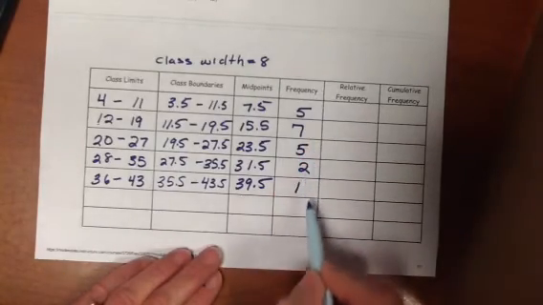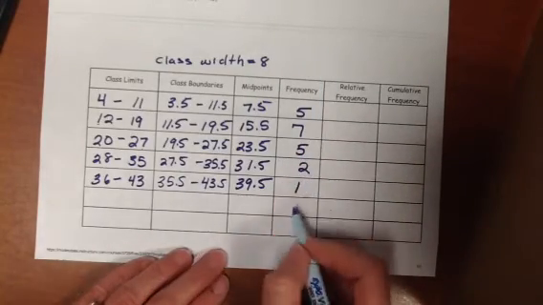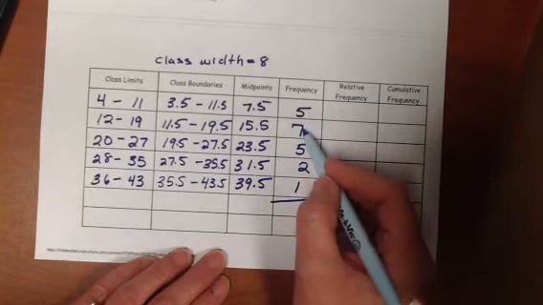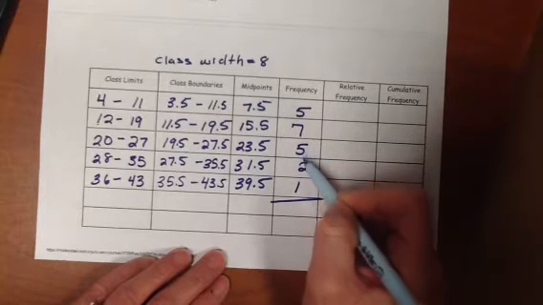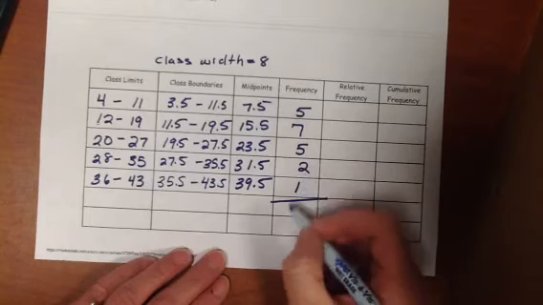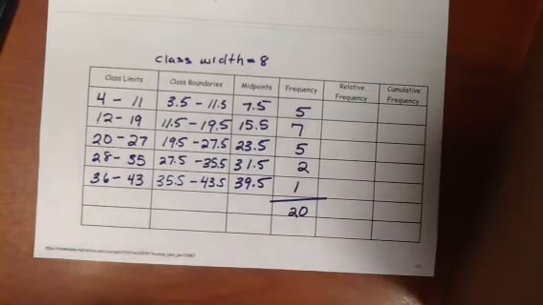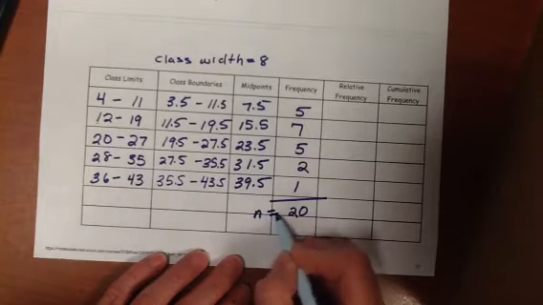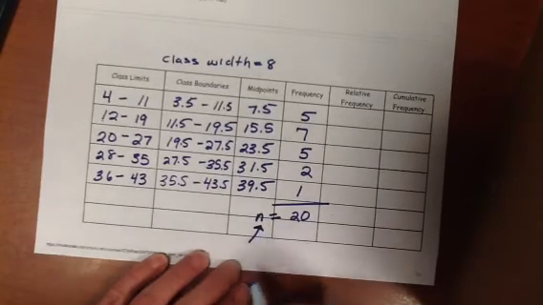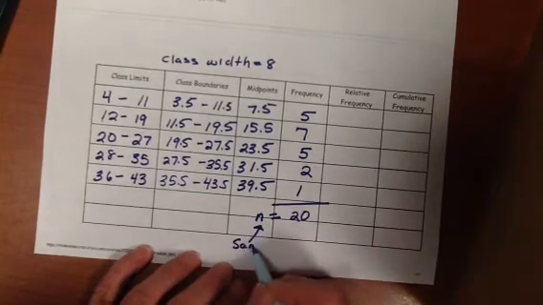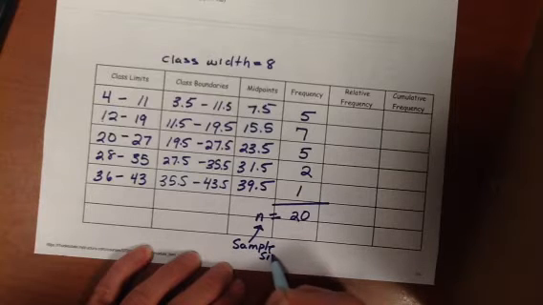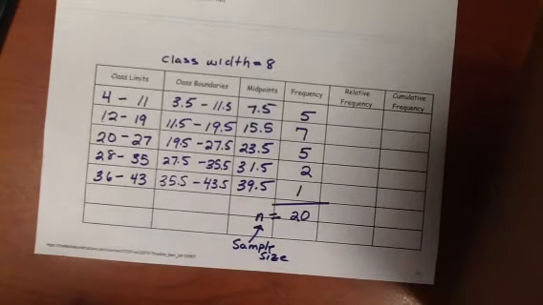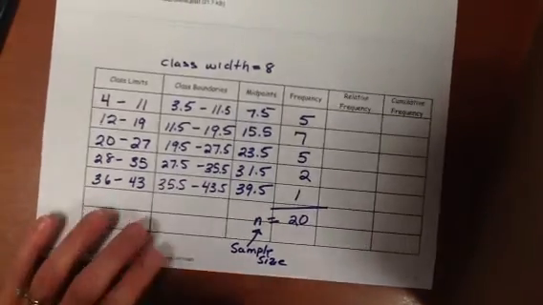One way to verify that we got them all is to add up our frequencies. 5 plus 7 is 12, plus 5 is 17, plus 2 is 19, plus 1 is 20. 20 is our sample size. The notation for sample size is a lowercase n. The notation for population size is capital N, and we'll talk more about that in a little bit.